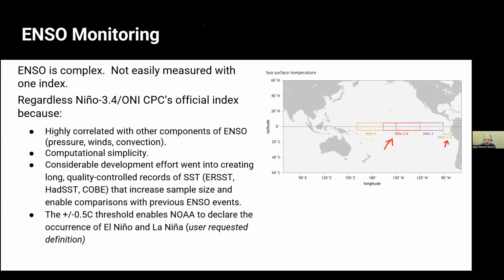So we have Nino 1+2, then you have Nino 3, and Nino 4. Now, once scientists started realizing, well, we really need to understand this and forecast it because the impacts are really bad and around the entire globe, they realized that the region that had the strongest impact in the United States was Nino 3.4.